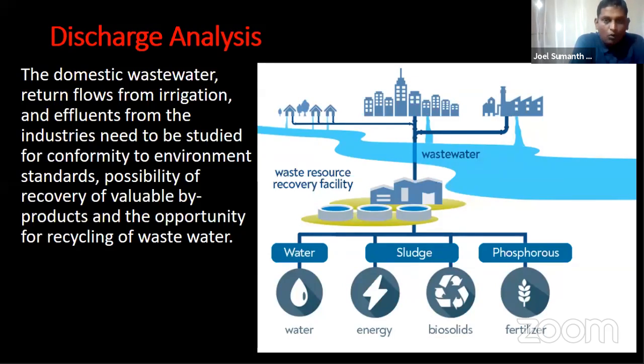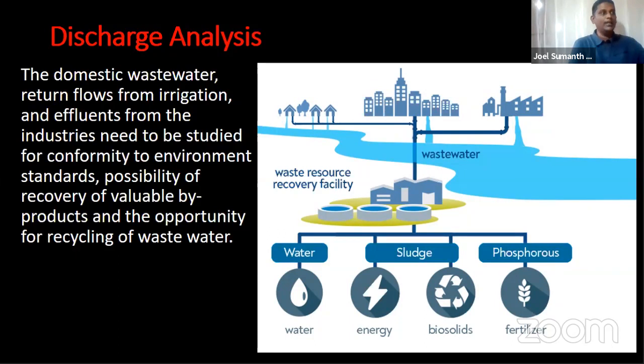And for industrial water, nowadays there are many standards for industrial water treatment. Every manufacturing unit should have a wastewater treatment plant. They have to treat water to meet certain prescribed industry standards. If those standards are not met, the water cannot be discharged into the natural system, into the open drainages, only after treatment to a certain degree.